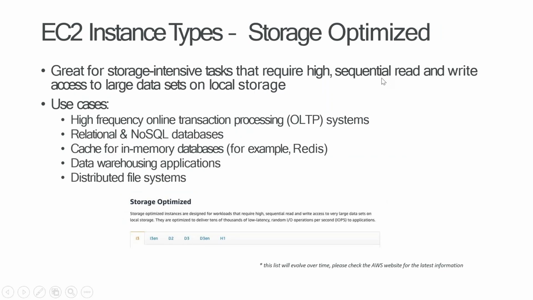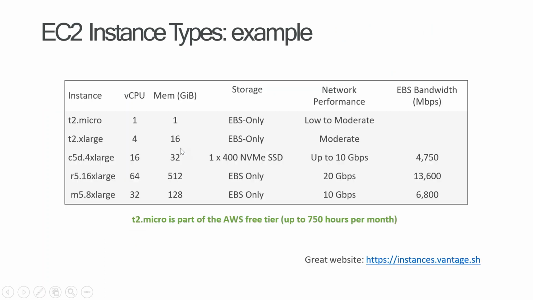Then we have storage optimized, great for storage intensive tasks that require high sequential read and write access to large data sets on local storage: high frequency online transaction processing, relational or NoSQL databases, cache for in-memory databases, data warehousing. All these use cases are for storage optimized.